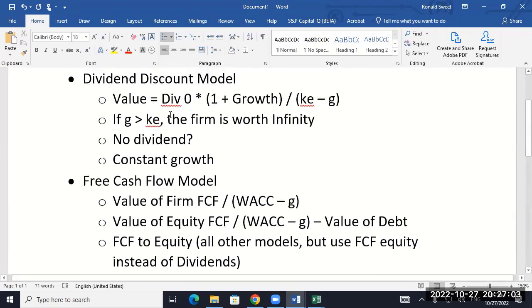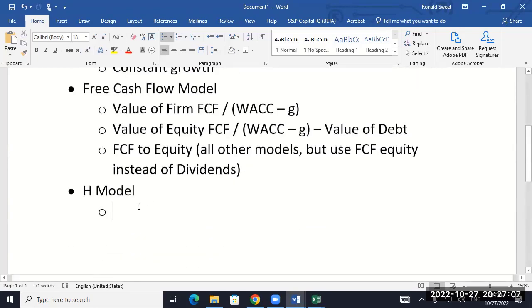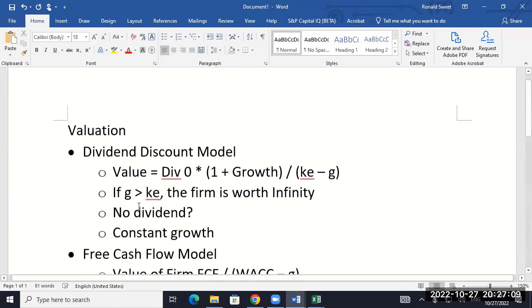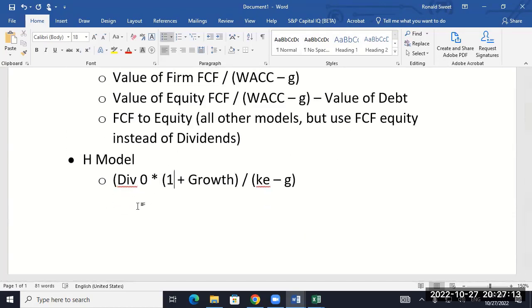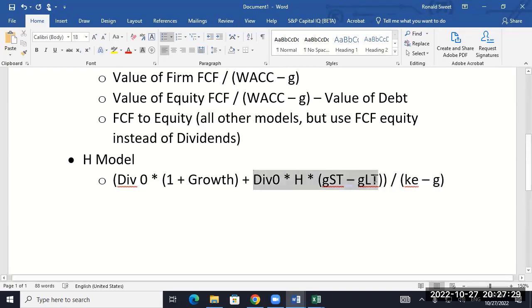All right, so the H model is the dividend discount model. But we're going to add an extra period in there. We're going to add dividend 0 times something called H. Luke, do you remember it? Short-term growth minus long-term growth. We're going to add this little section here in the middle.